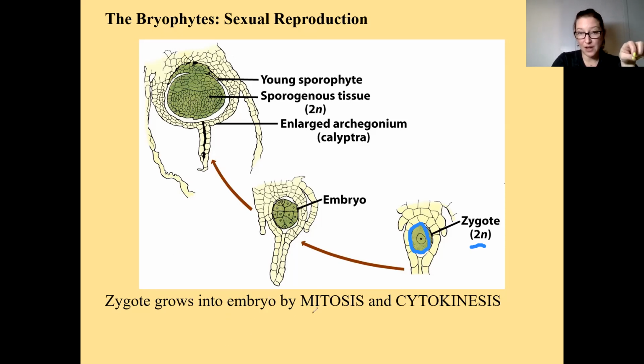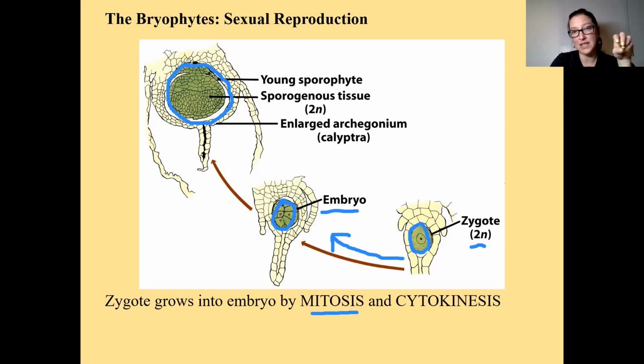That 2N zygote is going to grow by mitosis and cytokinesis, grow, grow, grow, and become a larger thing, an embryo. Then more mitosis, more cytokinesis, slowly becoming a larger sporophyte plant.